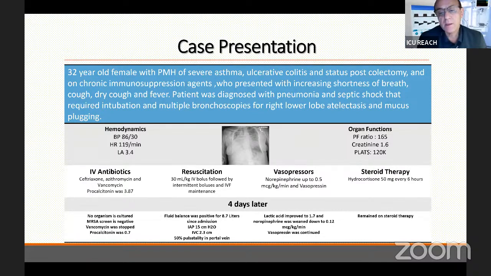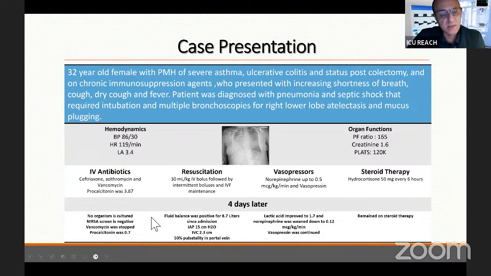Because of increasing vasopressor support, she was started on hydrocortisone 50 milligrams every 6 hours. She was also on chronic steroids, so she needed the support with the stress dose hydrocortisone.